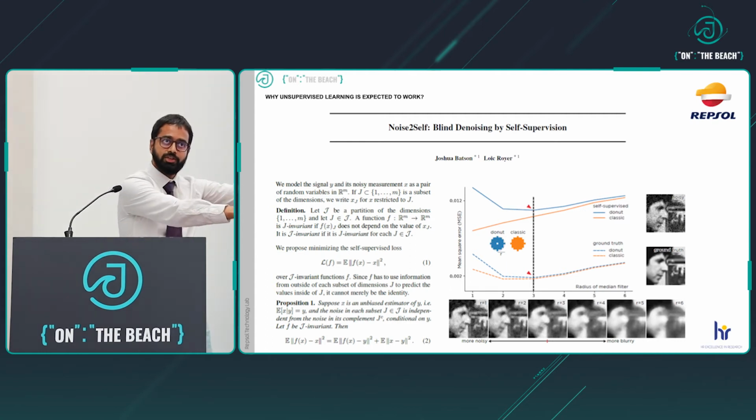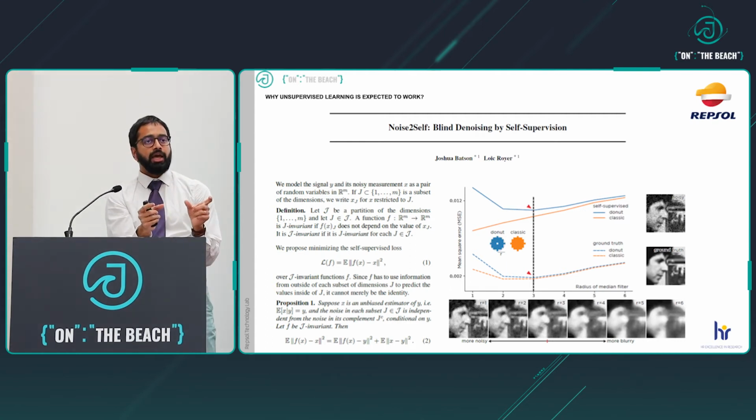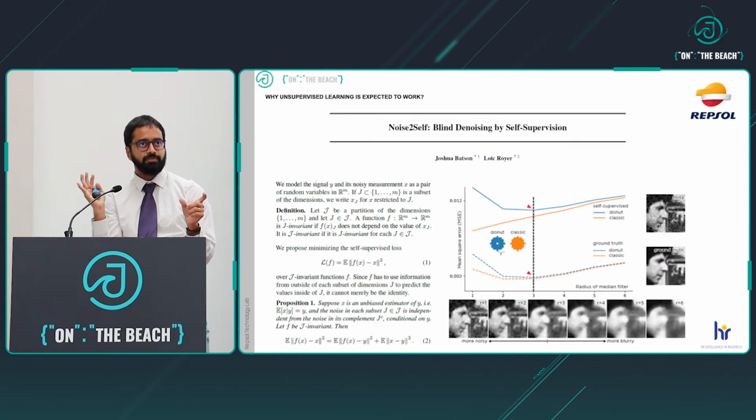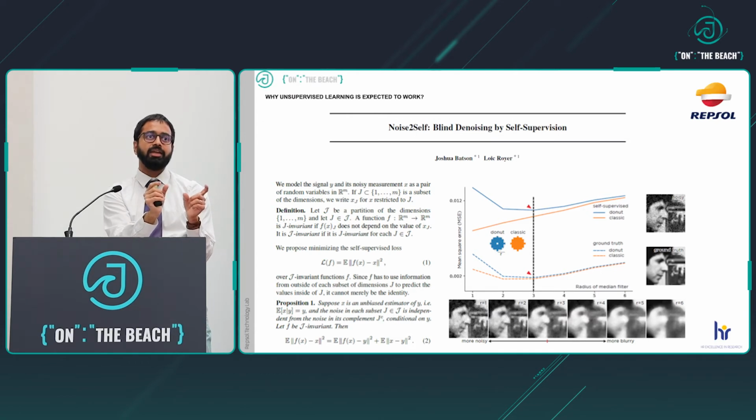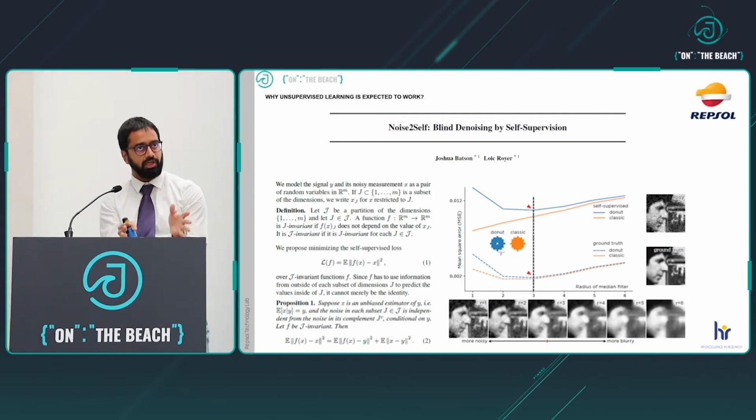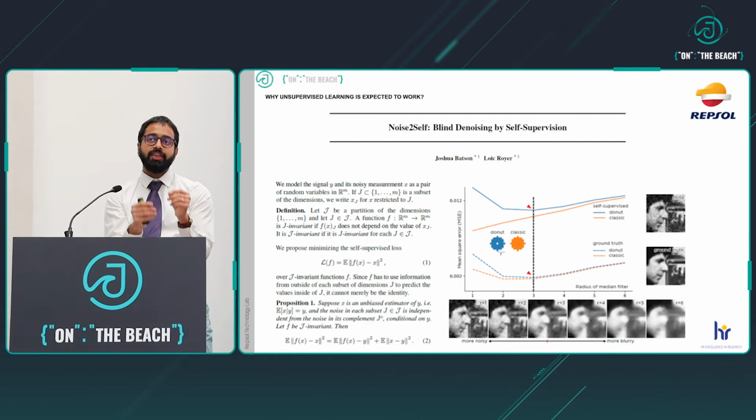Remember, we are doing this source blending. If you are able to design a function that predicts something, and that prediction does not depend upon the value the function takes in that set, that property is called J invariance.